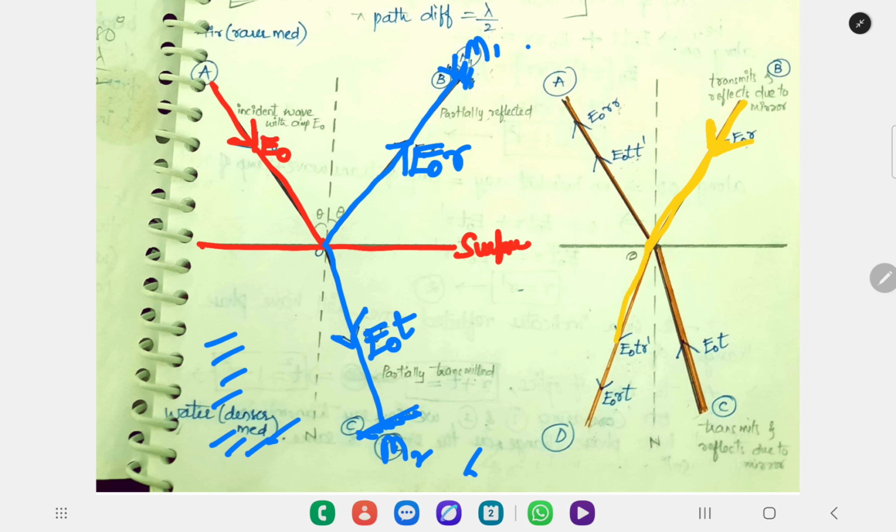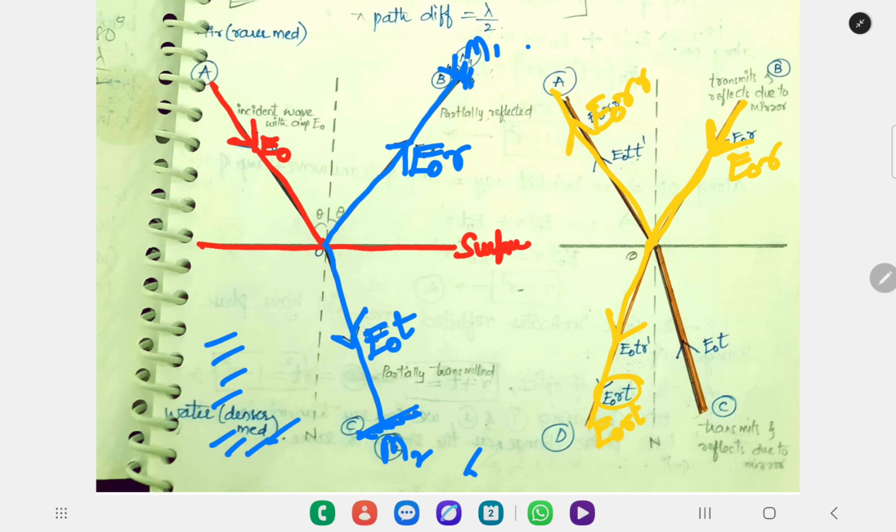Here it will be transmitted like this, let it be E naught RT, and some part will be reflected in this way, let it be E naught RR.